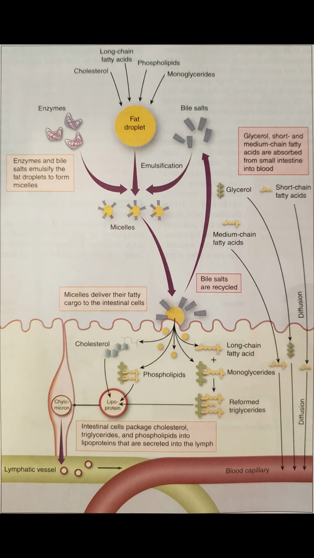They're resynthesized and then combined with protein carriers to form lipoproteins. These lipoproteins you've probably heard of, such as HDL and LDL, carry this fatty cargo and pass through the intestinal wall, and when they leave, they're known as chylomicrons. The chylomicrons then pass through the lymphatic system to the body via the thoracic duct.